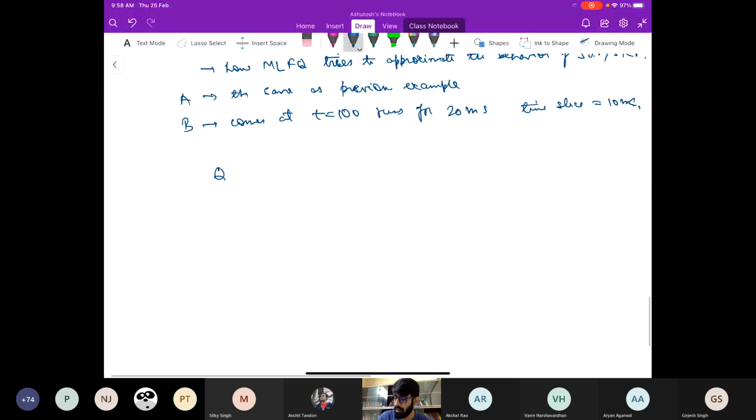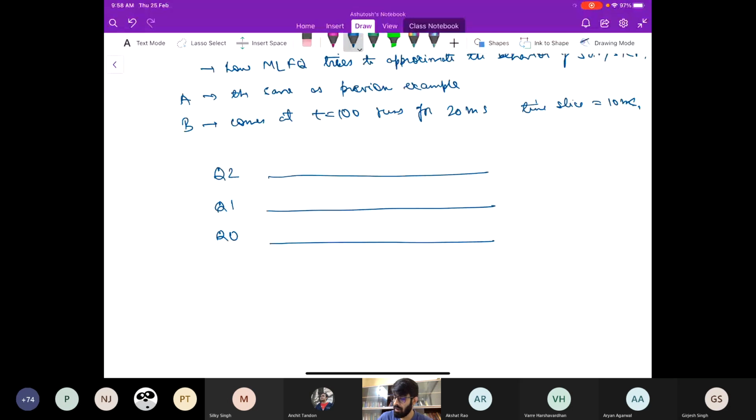So again, let's take Q2, Q1, Q0. So the first job A comes. I'll try to use different colors for the jobs. So A uses the 10 milliseconds on the first level.